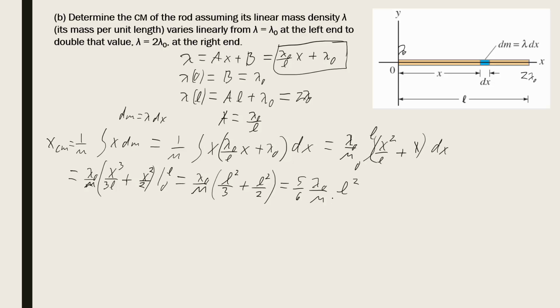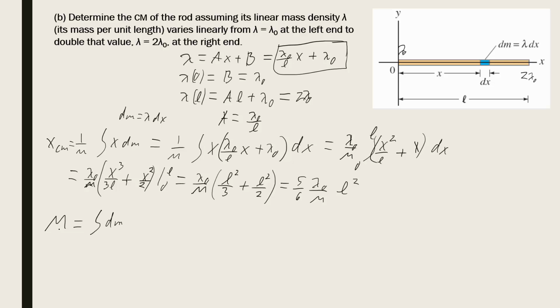Now we need to do that same trick of substituting in for m here to see if we can get things to cancel out, so we can get the center of mass just in terms of L, the location of the center of mass. But unfortunately, finding m is not going to be so easy as last time, because it is still lambda times L, but lambda isn't constant anymore. So we actually have to integrate. The total mass is going to be the sum of all the little masses.